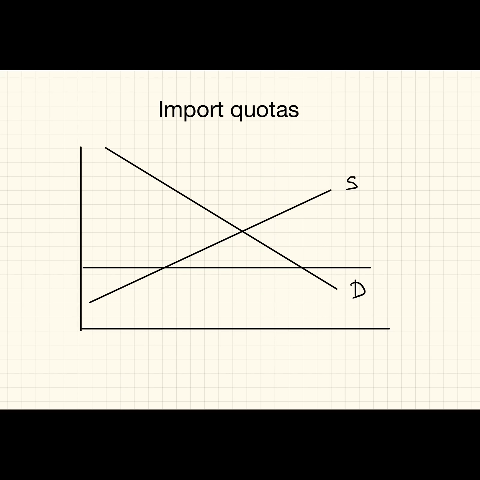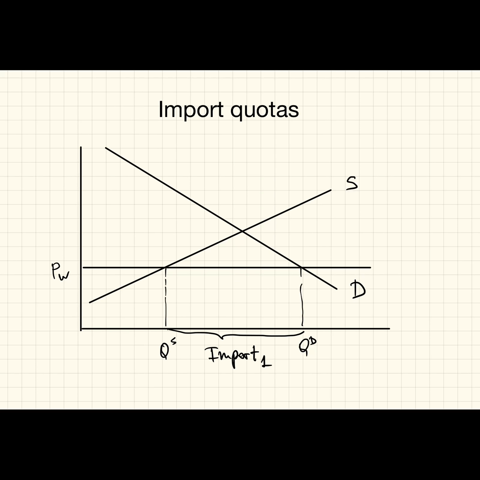Next thing we're going to look at are import quotas. So again, we start with the open economy, PW, the open economy price, quantity demanded, quantity supplied, and so initial import. And what are quotas actually? Quotas restrict the amount of stuff that can be brought into the country.